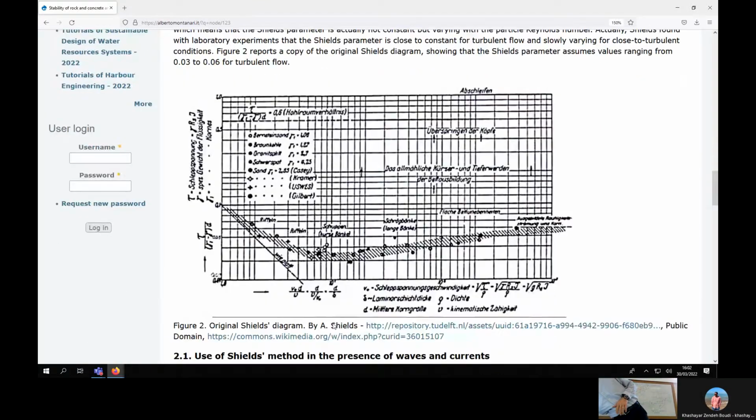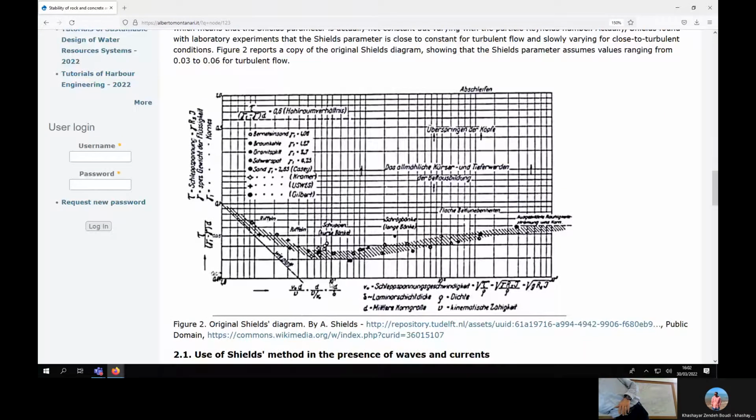And here you can see on the blackboard and on the screen the original Shields diagram. This is the original, which can be published because it's public domain. You don't see the values, but anyway, this is what he drew by hand in order to report the result of his experiments. And then, of course, we have to consider additional complications.